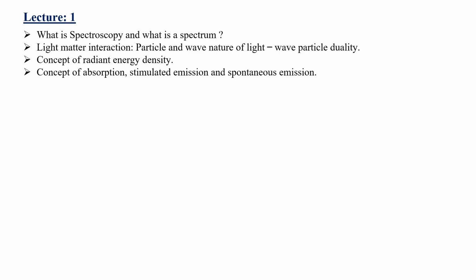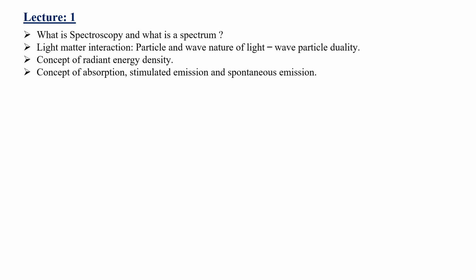And then they discussed the concept of absorption, stimulated emission, and spontaneous emission. So in spectroscopy, two types of spectroscopy could be there. The main one is absorption spectroscopy, and another one is emission spectroscopy. Okay, absorption means an electron is absorbing light, so it is going to the upper state. That is the absorption, and it is coming back to the ground state by emitting a photon. This is the emission. But this emission can be of two types.